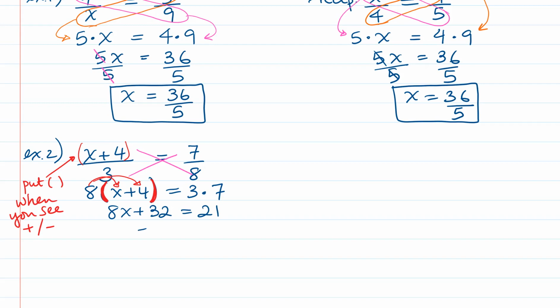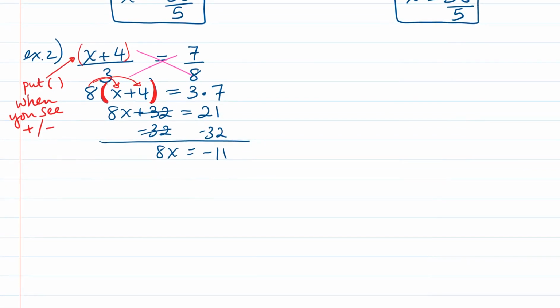Subtract 32 from both sides. 8x equals negative 11. Divide by 8 on both sides. x is equal to negative 11 over 8. Because 8 does not go into negative 11 evenly, we're just going to leave it as a fraction. It's as simple as that.